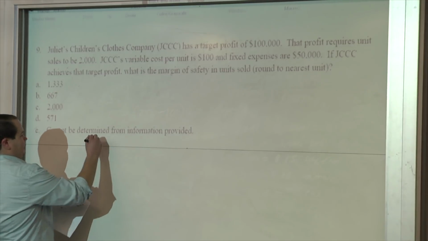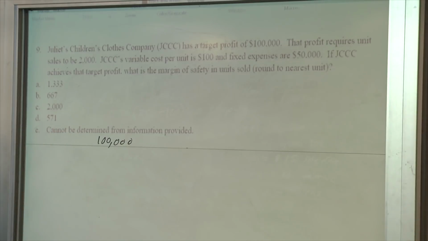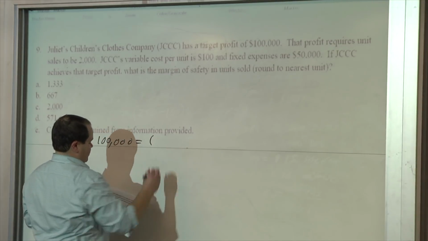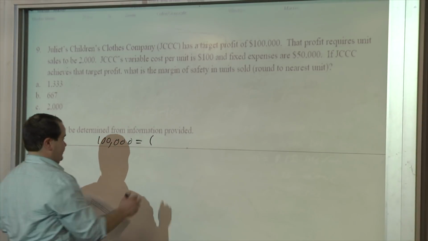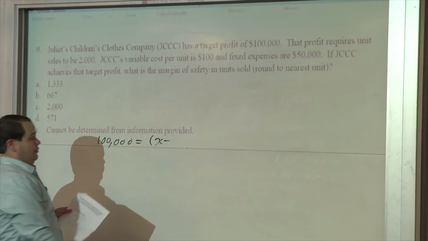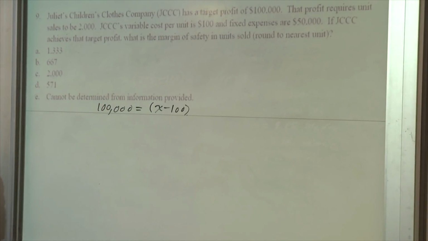All right. So we're talking about a target profit of 100,000. Per unit, we don't know what the sale price is right now. We do know that the variable costs per unit are 100.